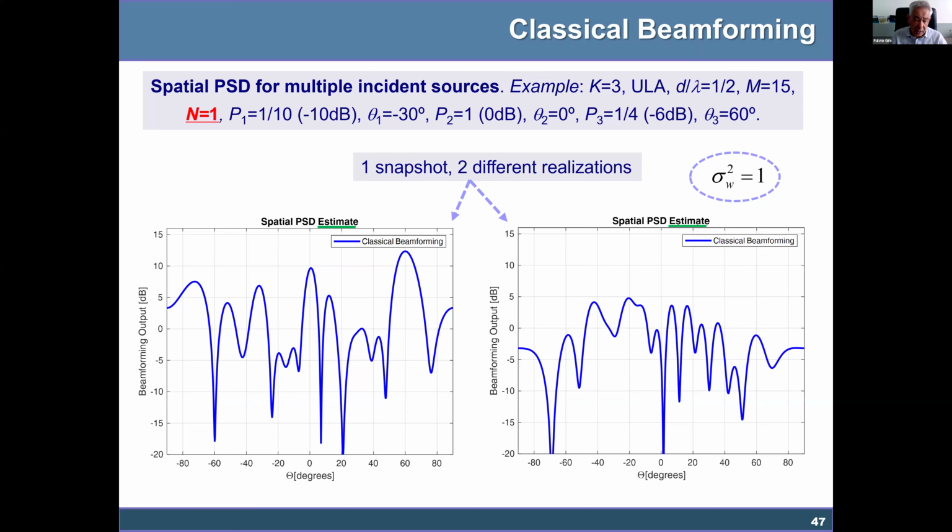So you can get a very different result from one realization to the other. So this is one example, one realization, and this is another realization. So it's important that we average over different snapshots to reduce the variance in the estimate. This is a very general concept that is true almost always.